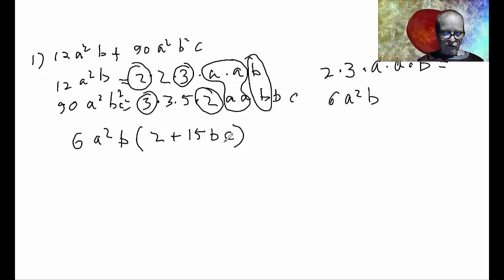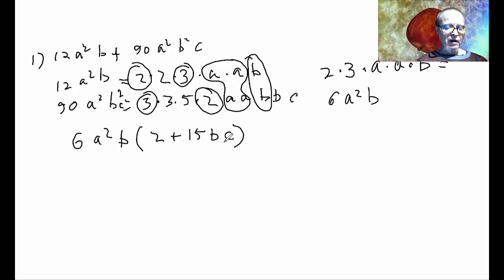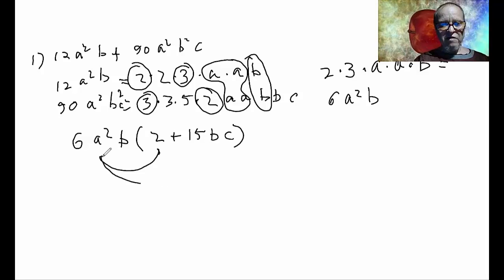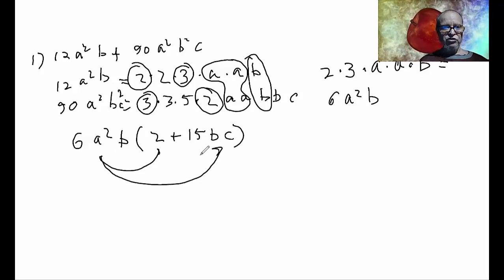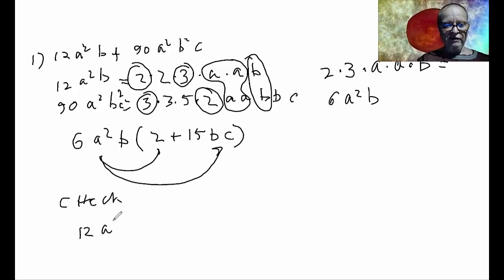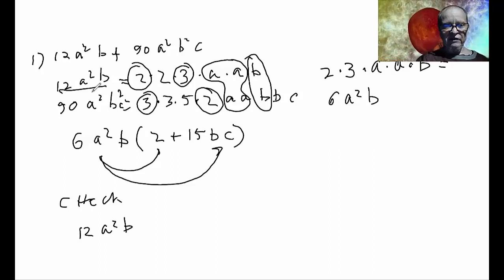Now, of course, if you're not sure if this is correct, what you want to do is factor this back out to make sure that it's correct, and that would be a way to check. So that will give you 12a squared b, and that would be the same as here.